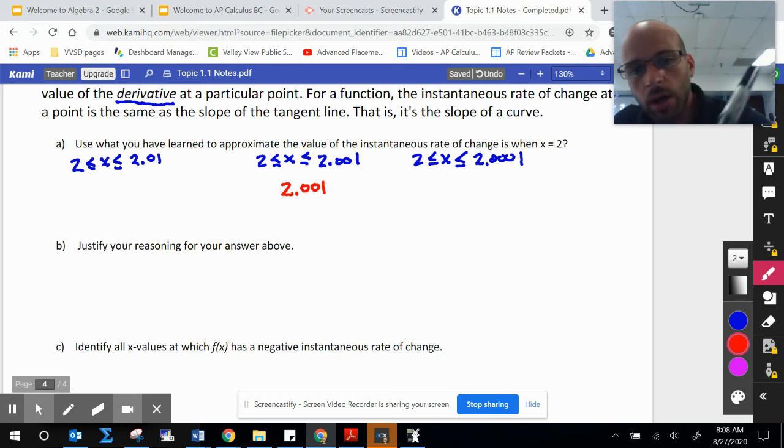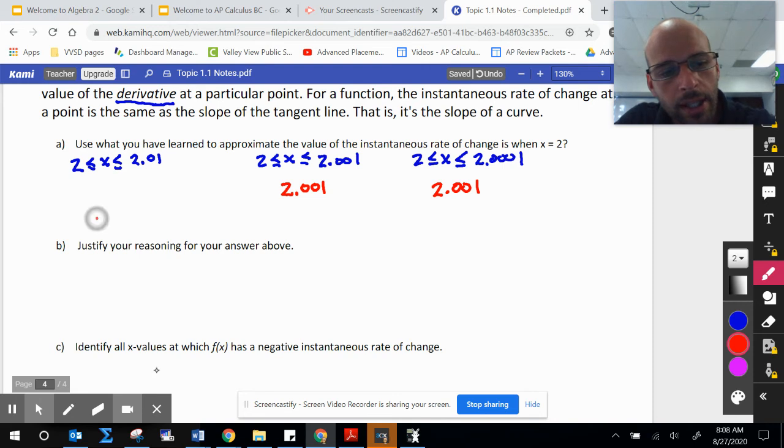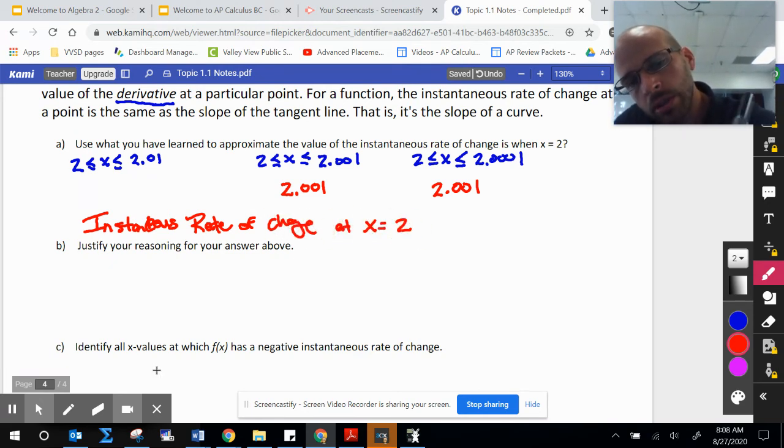Now that's coincidence. It won't always be the second value. But if I do the next one, I did this already, and if you did another one, it gets even closer. So what can we conclude, right? I'm going to say that the instantaneous rate of change at x equals 2 is 2, right?